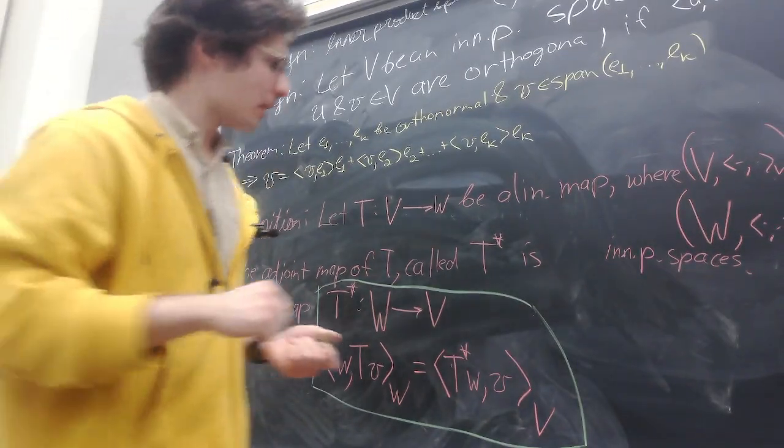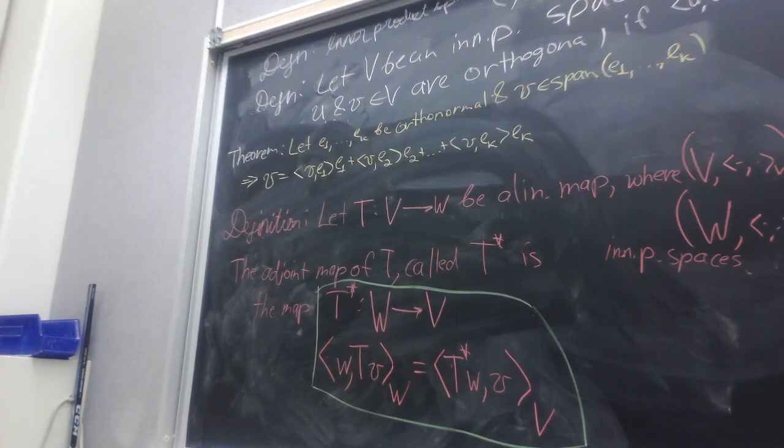Okay, good. So let's stop and think about this for a second. We're given two vector spaces and we're given a linear map between them.